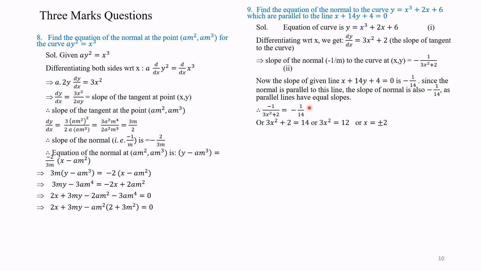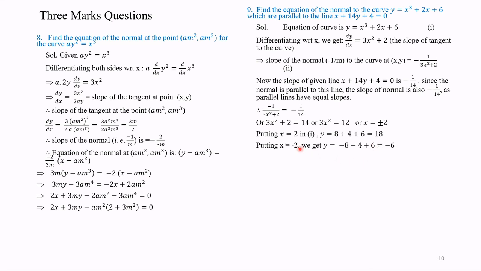Cross multiplying, 3x square plus 2 is equal to 14, or 3x square is equal to 12, or x is equal to plus or minus 2. Putting x is equal to 2 in equation 1, we get y is equal to 2 cube, that is 8, plus 2 into 2 is 4, plus 6, that is 18.